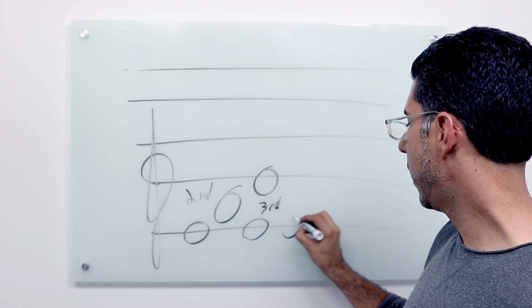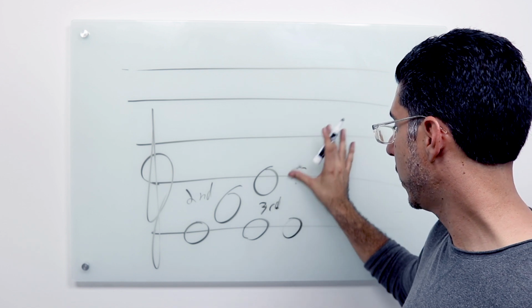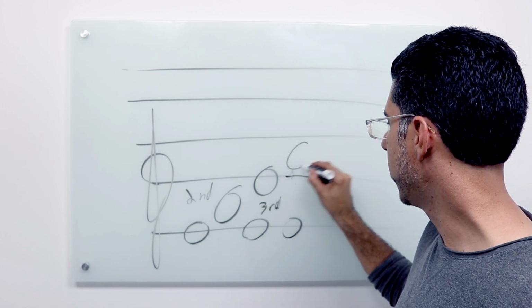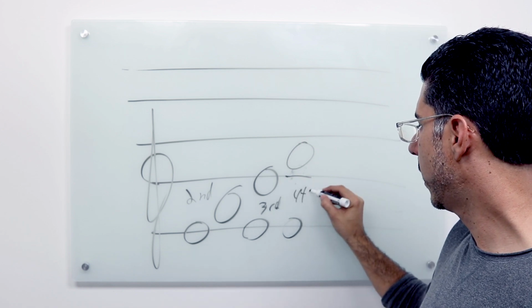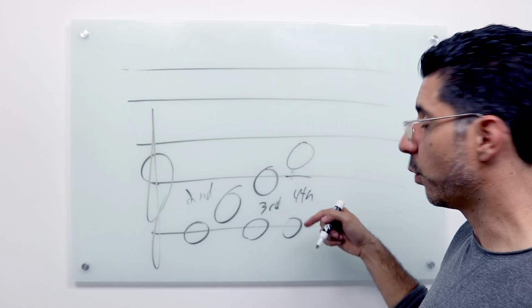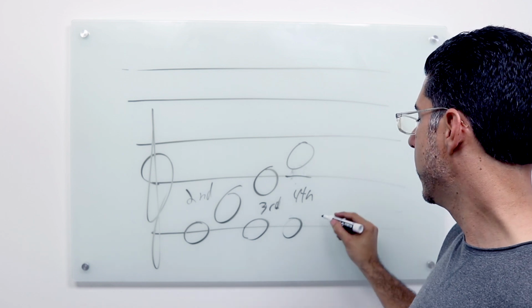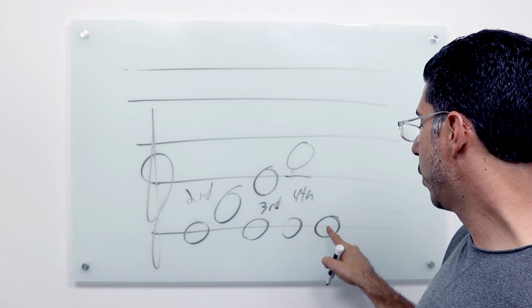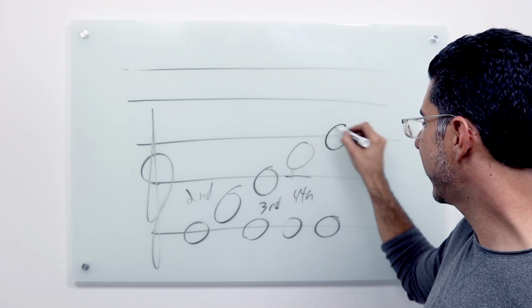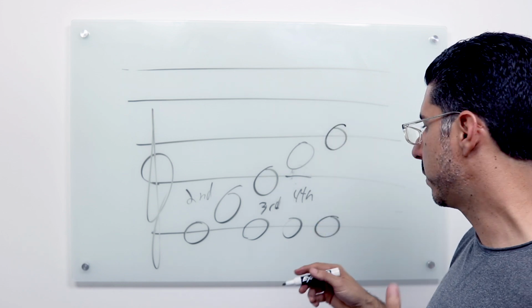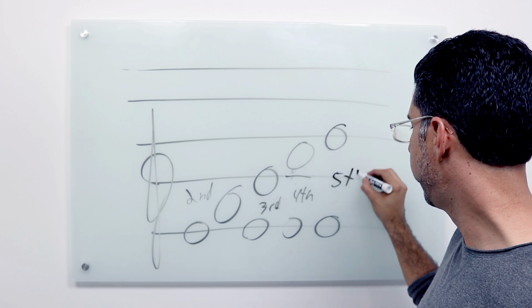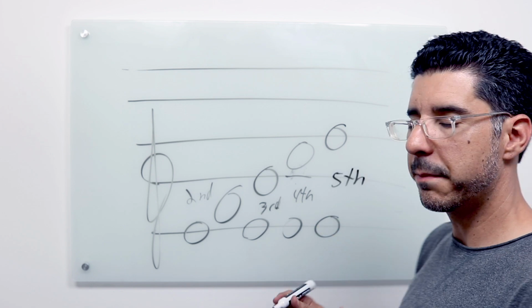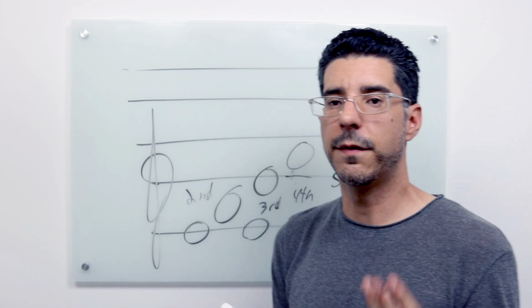Now, when we're going a skip plus a step, that will be a fourth. So we're talking about line to line plus 1 or space to space plus 1. And then the last one, we're going 2 skips. So you're going from line to the next line over or space to the next space over, and that will be a fifth. So these are the basic intervals, second, third, fourth, and fifth.